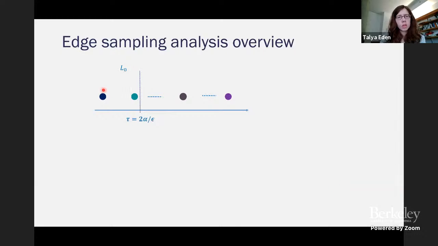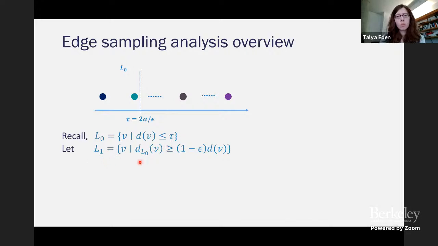Okay, so as I said, L0 is the set of all vertices whose degree is bounded by tau. And then we let L1 be the set of all vertices whose degree into L0 is more than 1 minus epsilon its degree. Okay, so most of these vertices' neighbors are in L0. 1 minus epsilon of them are actually in L0.